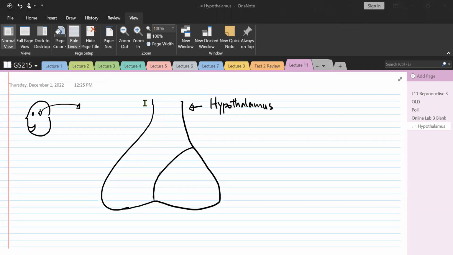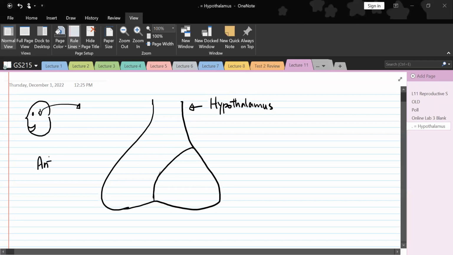There is the anterior pituitary gland. It's not necessarily the one on the left side of the diagram; it depends which side your head is looking at. The anterior pituitary gland is typically the bigger one. And over here, we have the posterior pituitary gland.